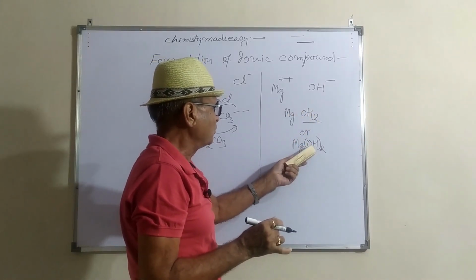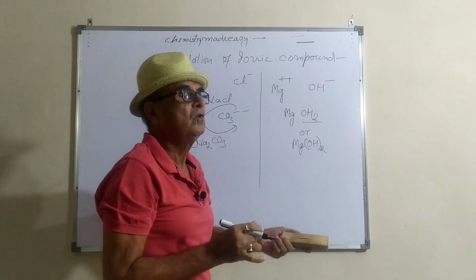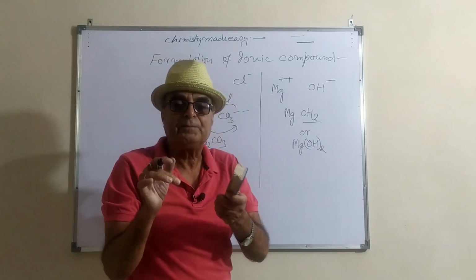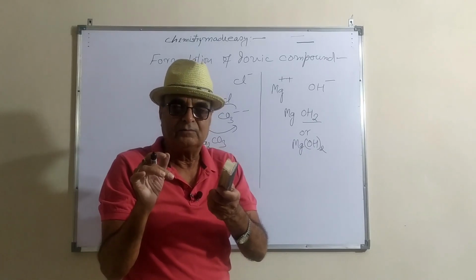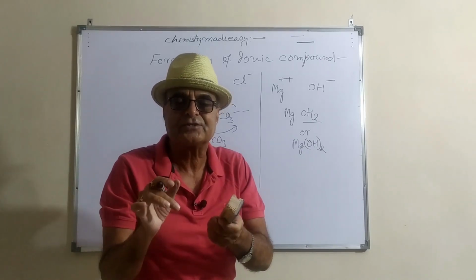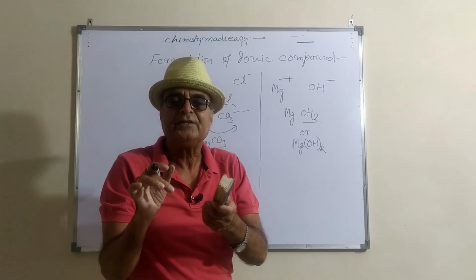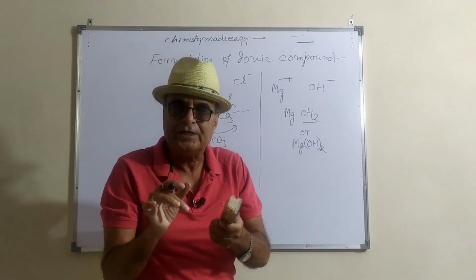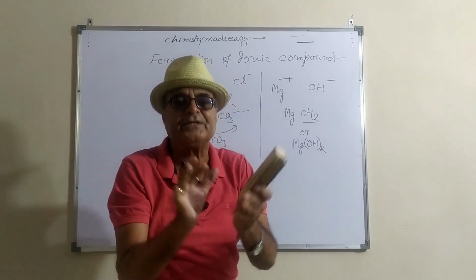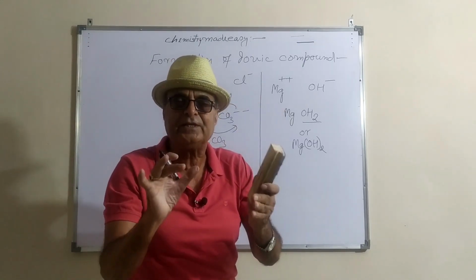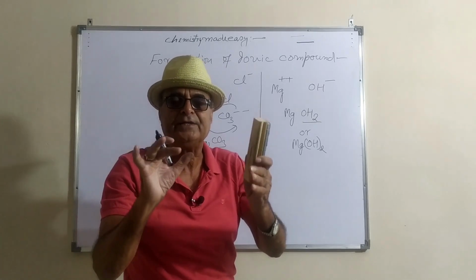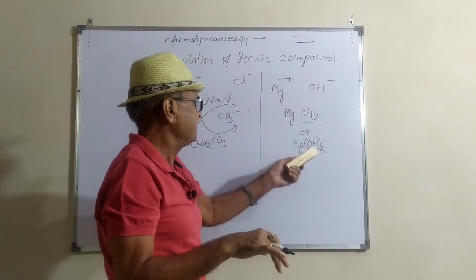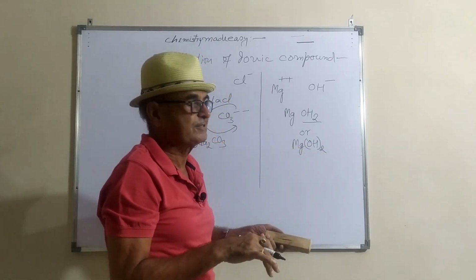Here there are 4, 2 oxygen and 2 hydrogen, because OH is taken twice. So when you multiply the valencies to the ions, if the ion is polyatomic, put the polyatomic ion into brackets. So this will be Mg(OH)2.